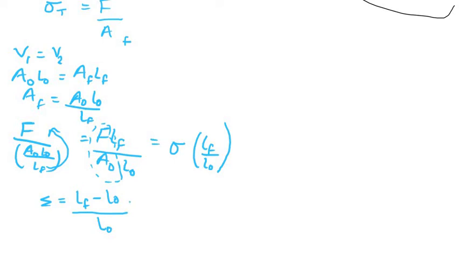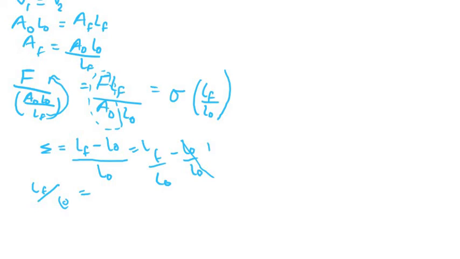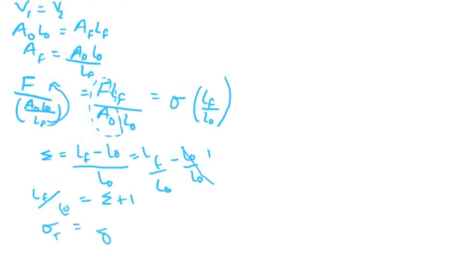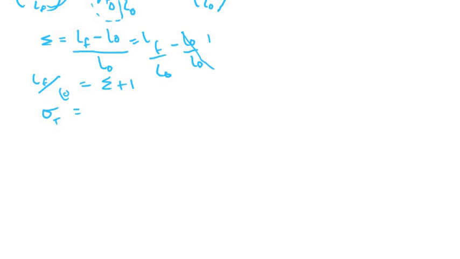So you can split this into LF over L0 minus L0 over L0, and this will automatically cancel to become 1. So you can express your LF over L0 in terms of your strain and 1. Your LF over L0 will give you your strain plus 1. So your true stress can be represented by your engineering stress multiplied by your engineering strain plus 1. That's it.